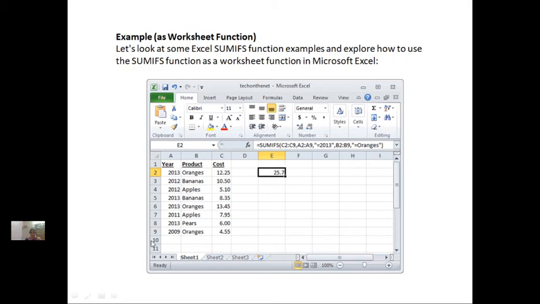Now here in the Excel sheet you have the year 2013, 12, and products oranges, bananas, apples, and the cost of these products is given.